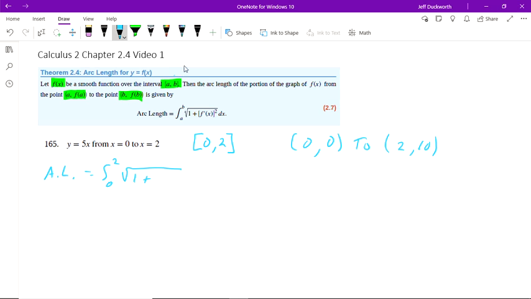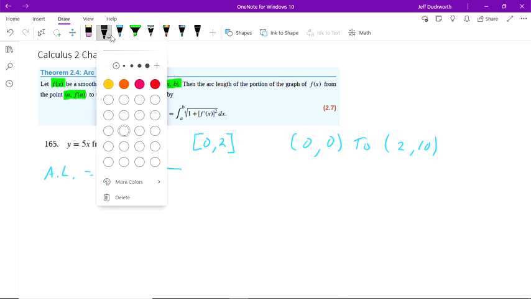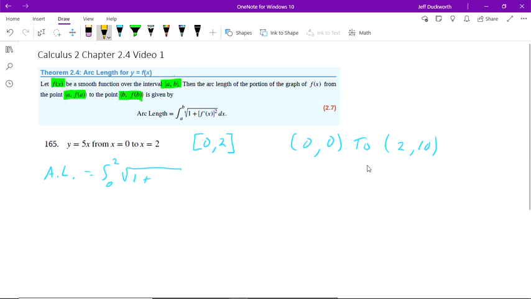All right, so if f of x equals 5x, then f prime of x is just 5. So we're going to take all of this with a dx at the end.